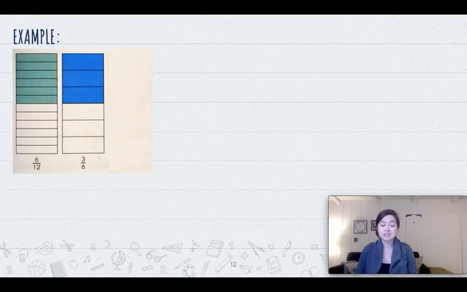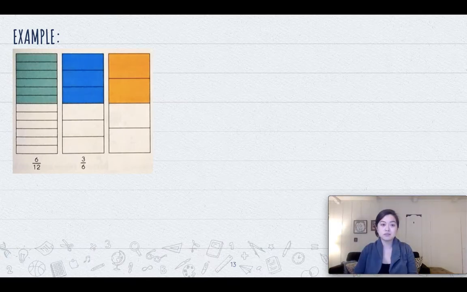It's 3/6. What about this image? What part of that model is shaded orange? It's 2/4. Notice that the shaded parts here in green are the same size as the shaded parts here in blue, which is the same size as the shaded parts here in orange.